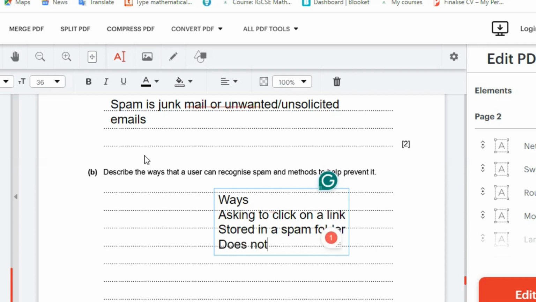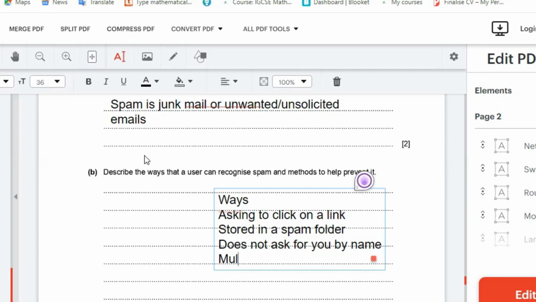Then 4, multiple spelling/grammatical errors.